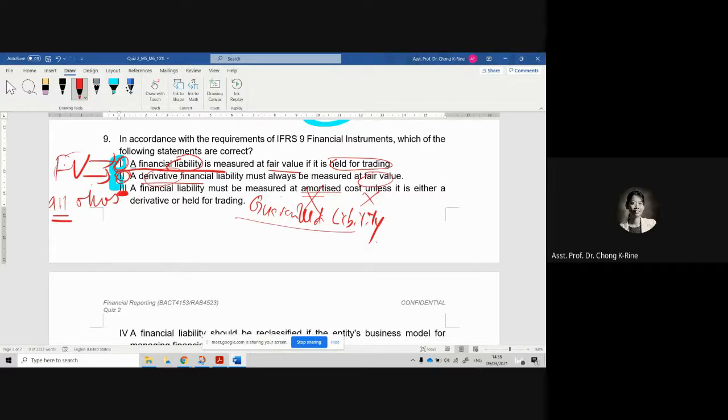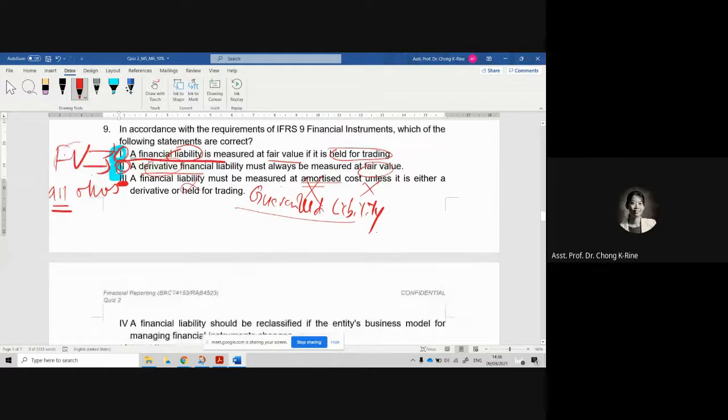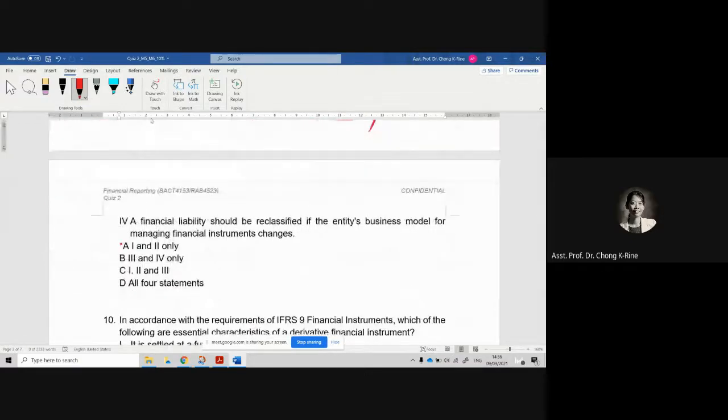So there are some transactions, although you don't have to know how to do the calculation, that we will not use amortized cost, although they are not held for trading or derivative. That's why this is not good enough. This is not the best answer. Not 100% correct. Almost correct, because this is a general rule of thumb.